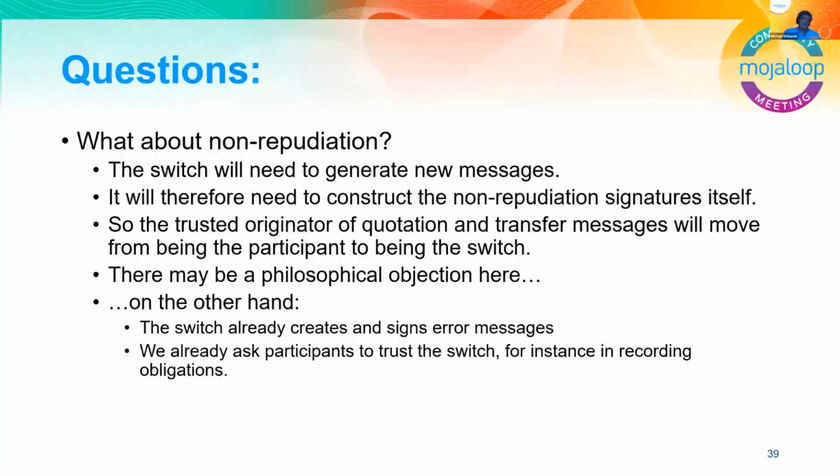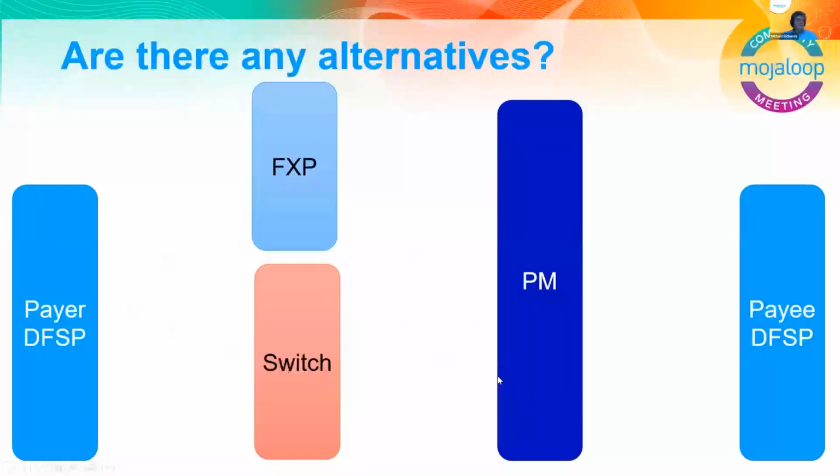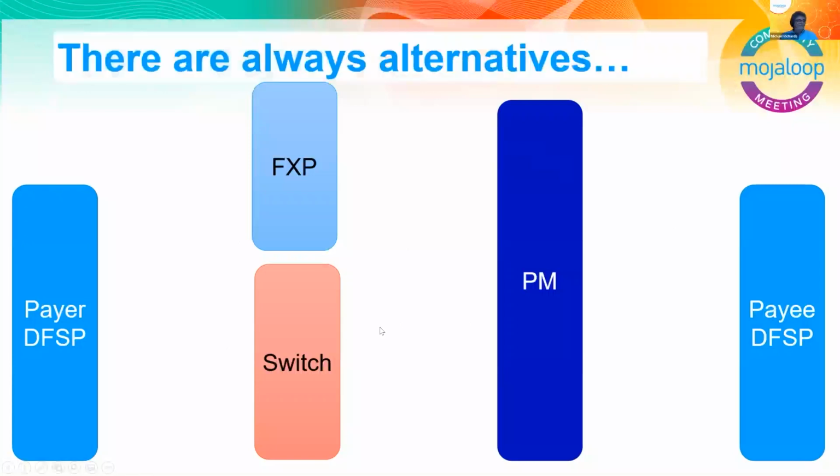And it does have the great benefit of being able to get around the transfer problem while not asking existing participants to change the way in which they operate. So I hear you ask, are there any alternatives? And my answer is there are always alternatives.